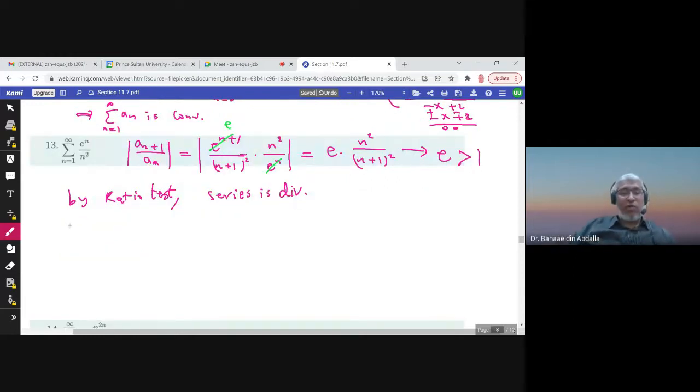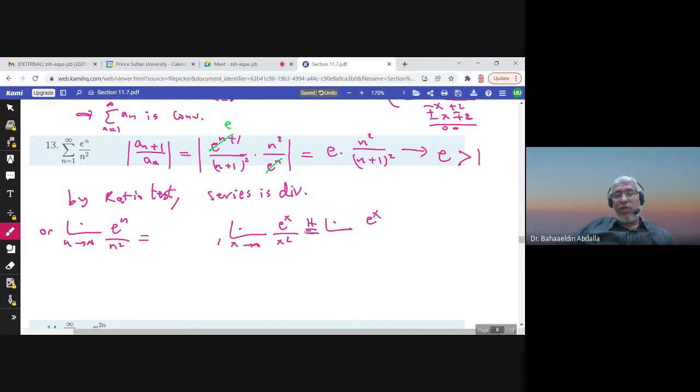You may try to find the limit here of a_n. You find that it is infinity over infinity. So to find the limit, I use L'Hopital's rule. Infinity over infinity. So using L'Hopital's rule, the derivative of e^x is e^x, and here 2x.